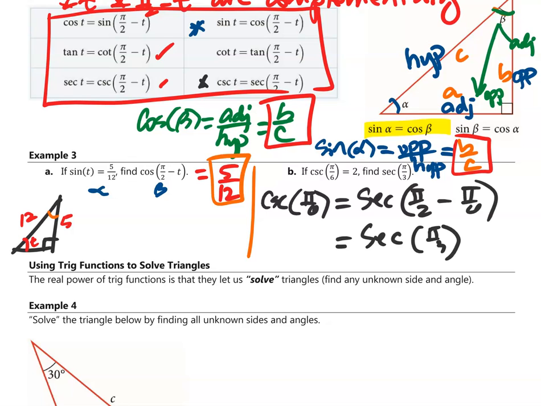So cosecant of pi over 6 is equal to secant of pi over 3, and cosecant of pi over 6 is equal to 2, therefore secant of pi over 3 is also equal to 2.